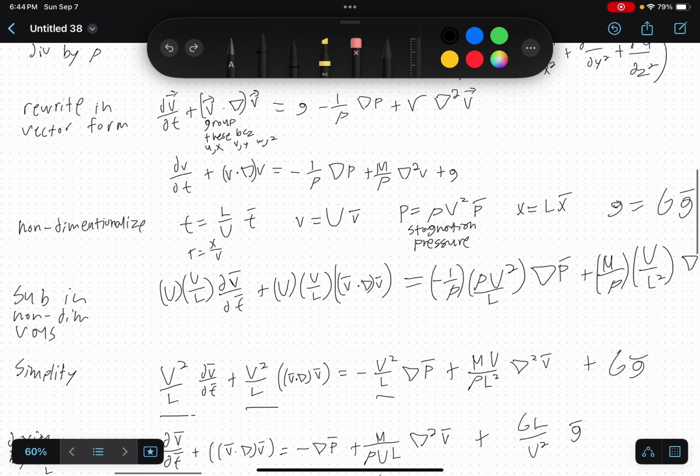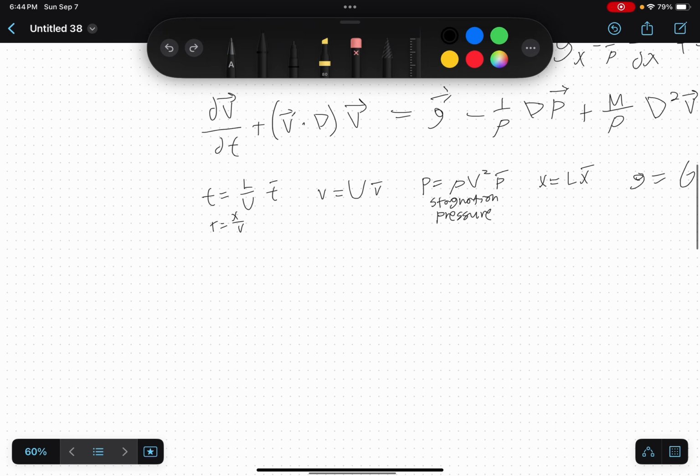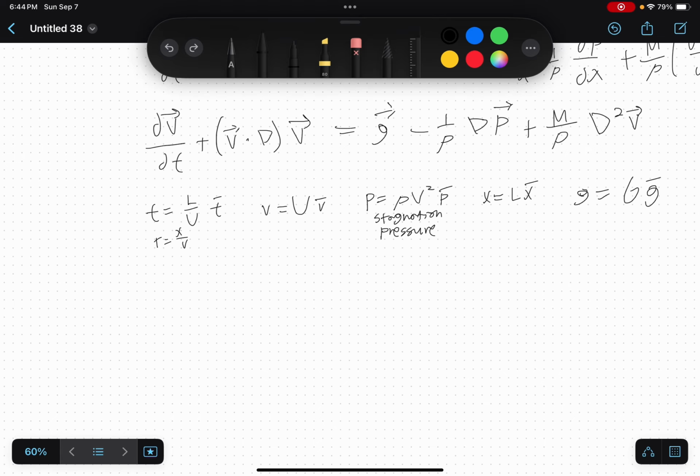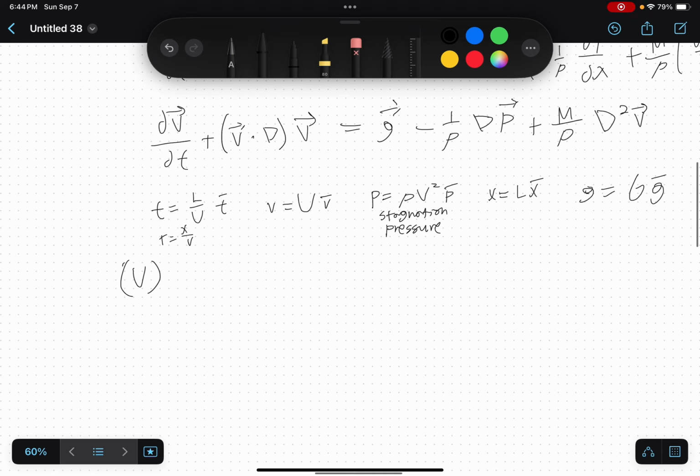Sub in non-dimensional values, yes you do, okay. So the v is a U. So it'll be U, and t is L over U, but since it's on the bottom, it's U over L. Then it would be dv hat, dt hat.